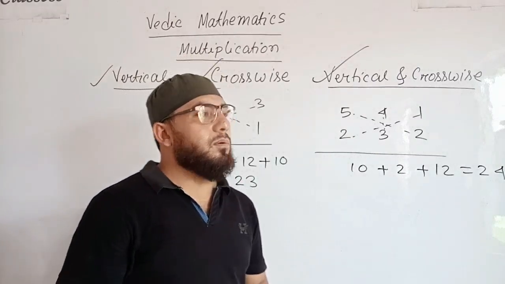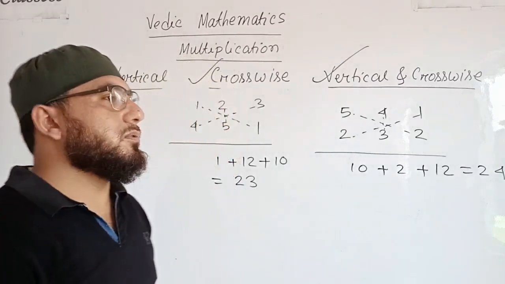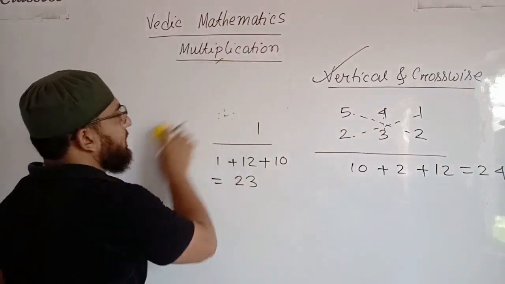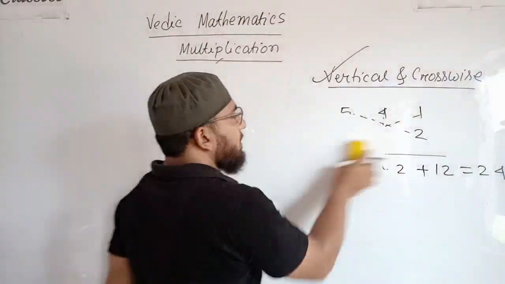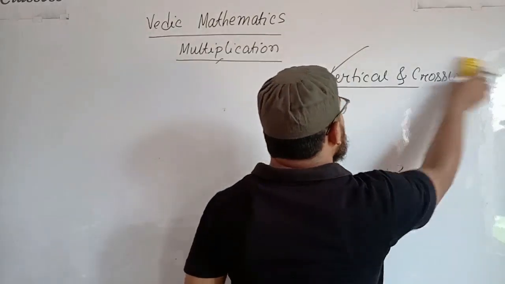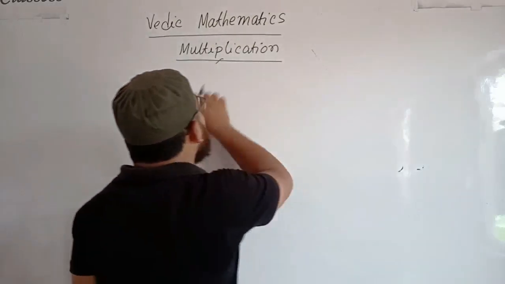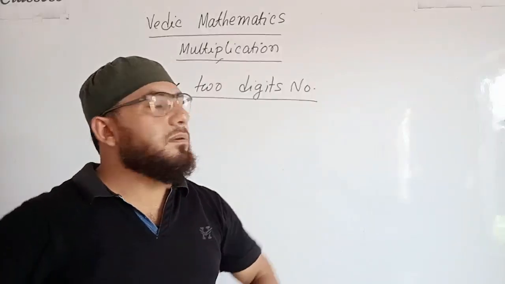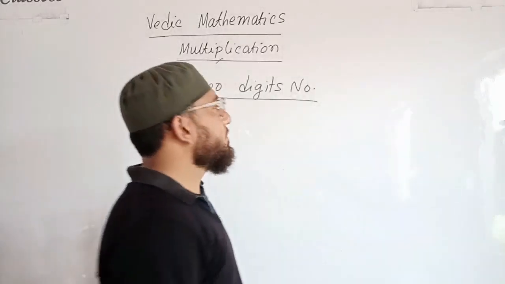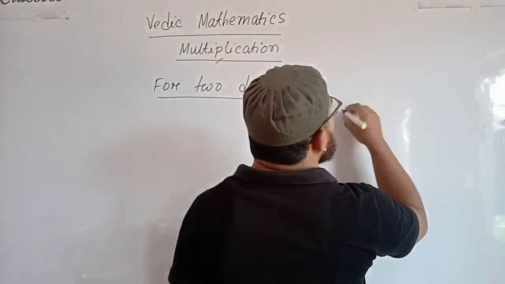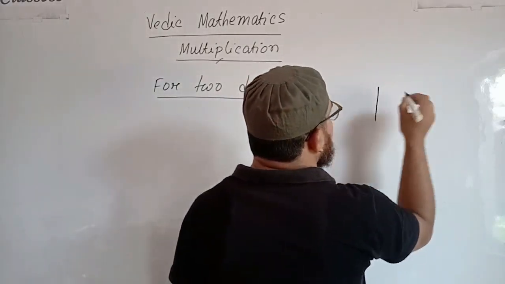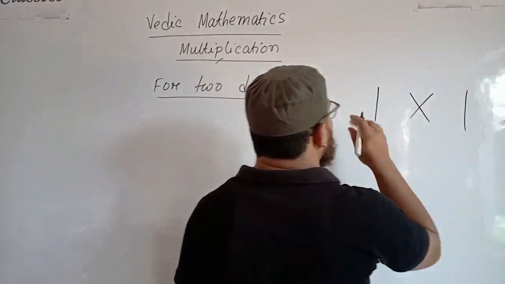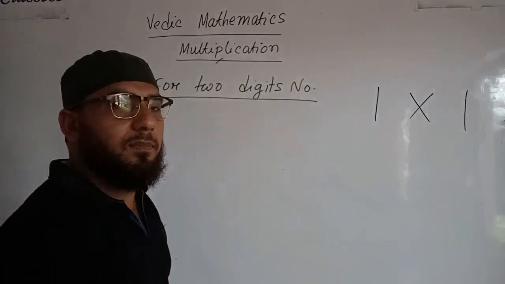Now move to the main part, multiplication of 2 by 2 digit numbers by Vedic mathematics. For 2-digit numbers, the method is: first we have to multiply vertically, then crosswise, then vertically.